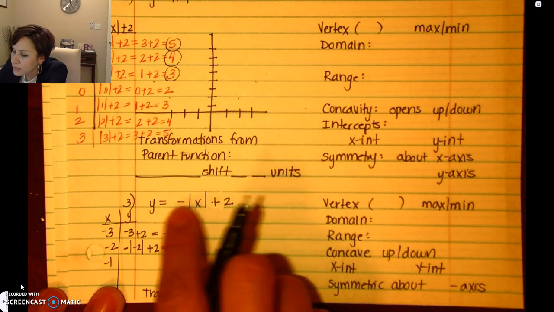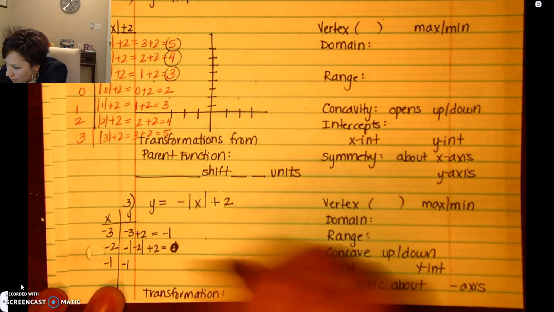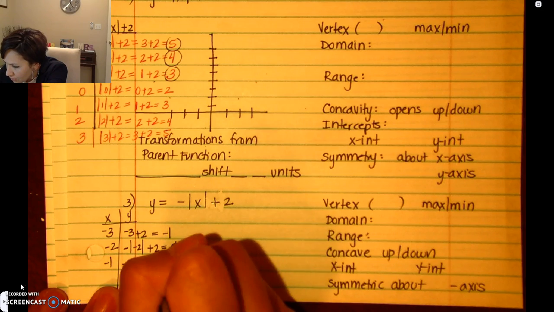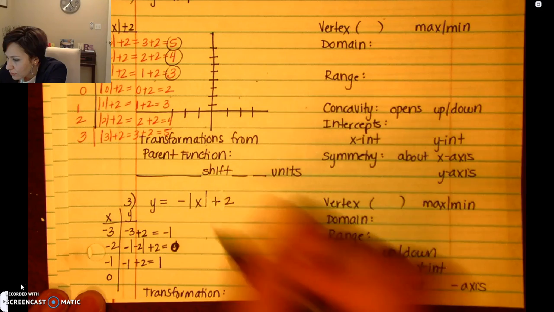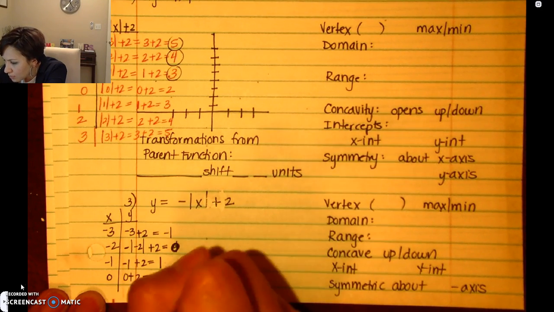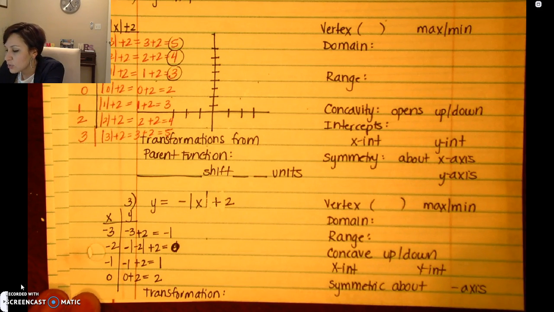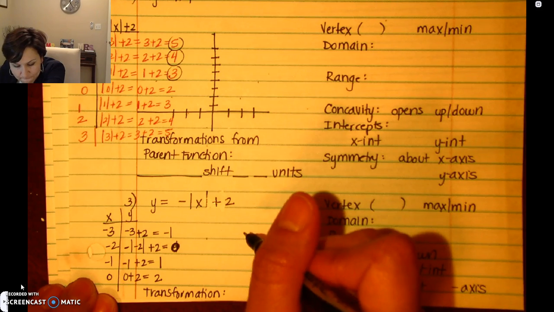The opposite of +1 is actually -1. So -1 plus 2 is equal to 1. Same thing for 0. The opposite of 0 is just 0, so 0 plus 2 is 2. Alright, so I'm going to go ahead and graph these points.